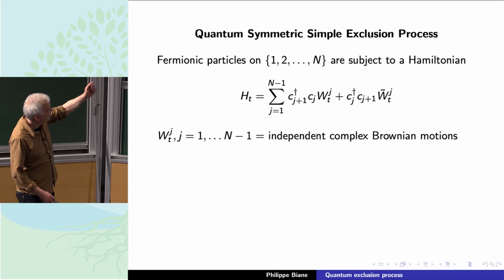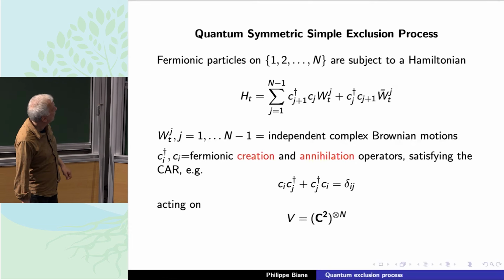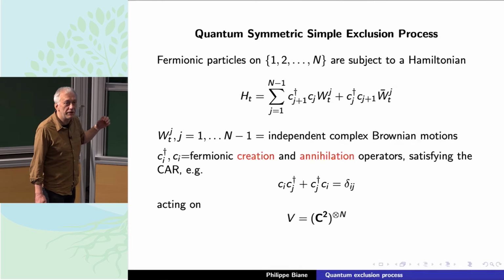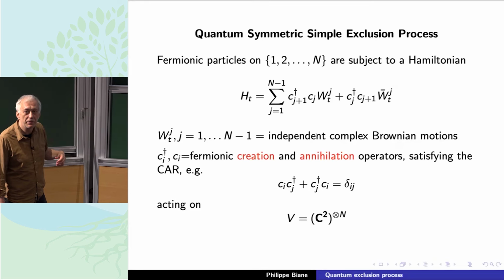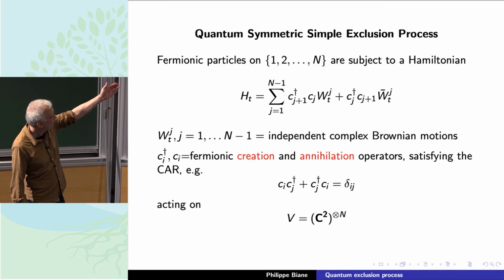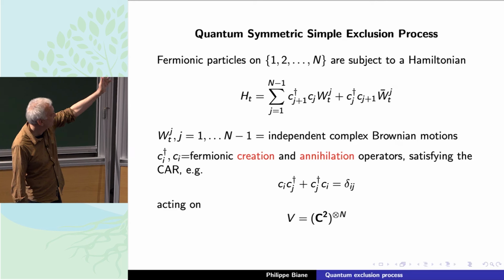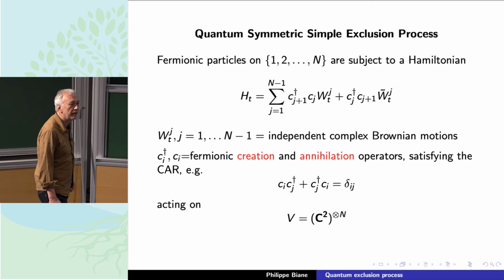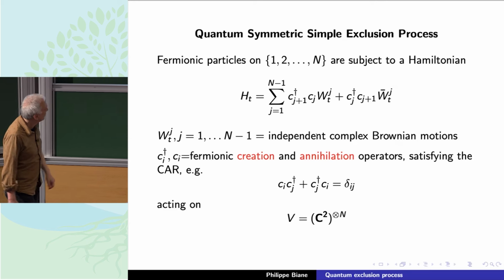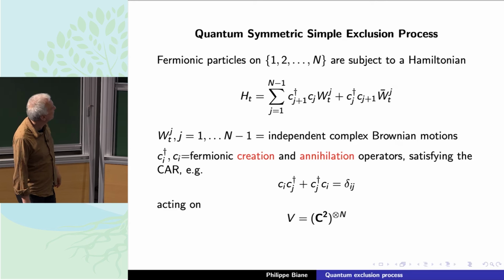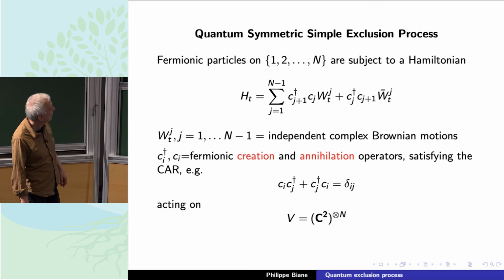And the Cj here, they are fermionic creation and annihilation operators, and they satisfy canonical anti-commutation relations. They satisfy other relations too, like the Ci should anti-commute, Ci dagger should anti-commute, so this is a very classical set of fermionic operators.